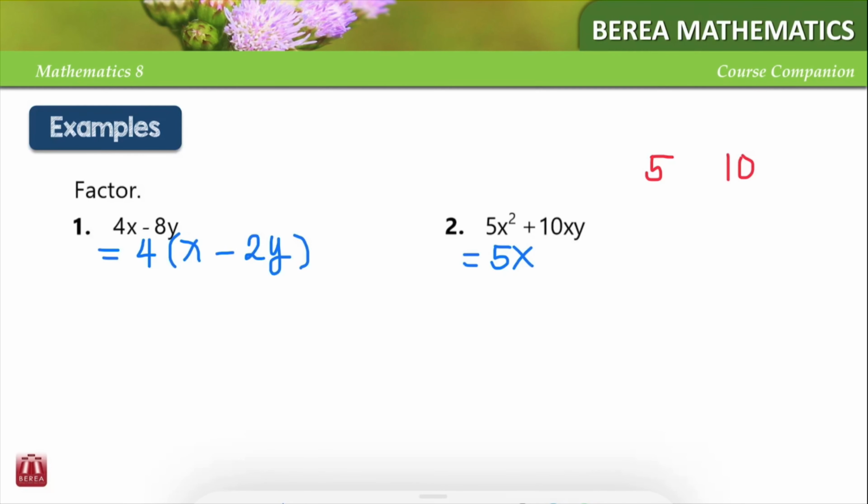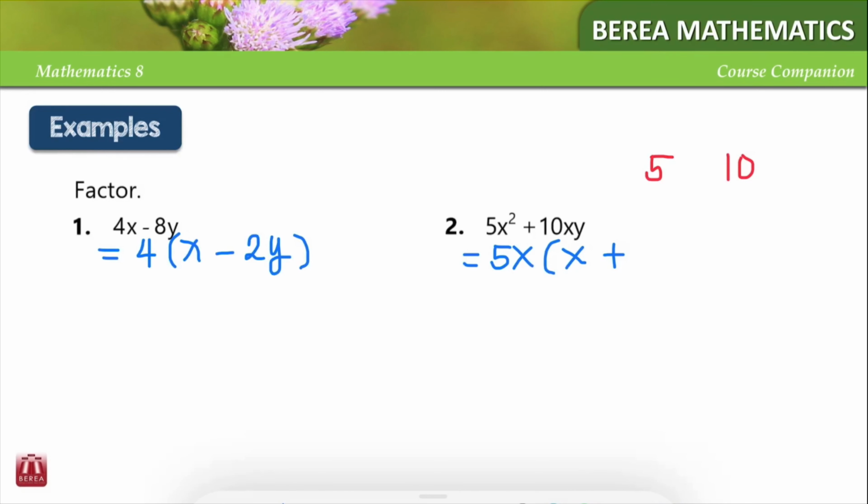Again, the shortcut here is just look at the smallest exponent of the variable. In this case, 1 is the smallest exponent of x. That is why we have x as our common factor for x squared and x. Next step, we have to divide each term by our common monomial factor. 5x squared divided by 5x will give us x, plus 10xy divided by 5x.